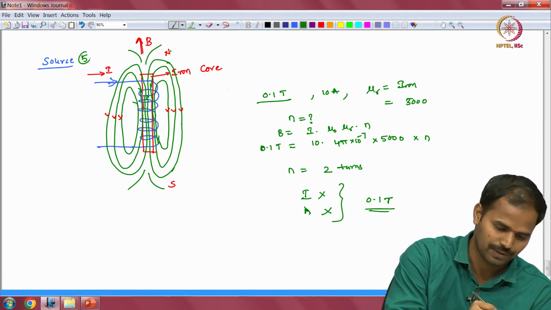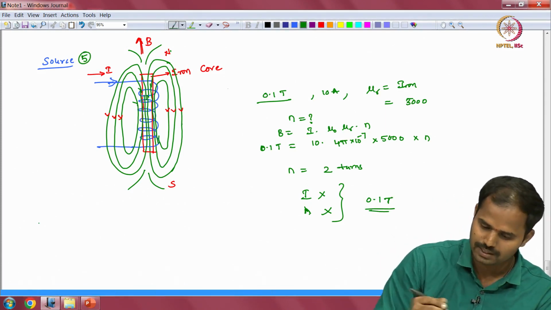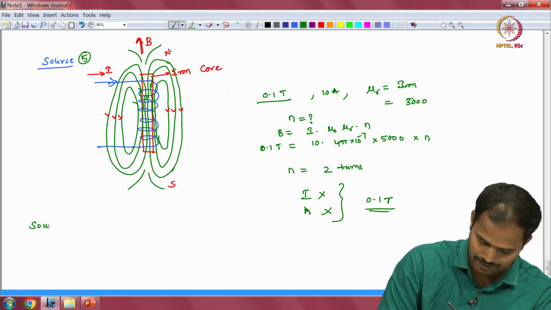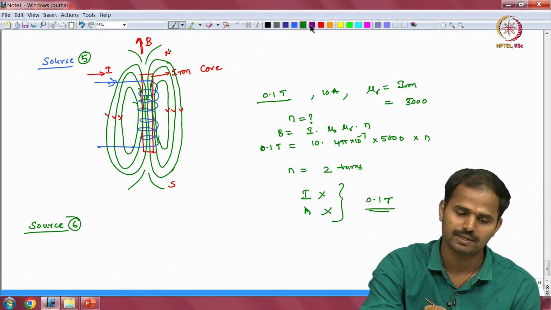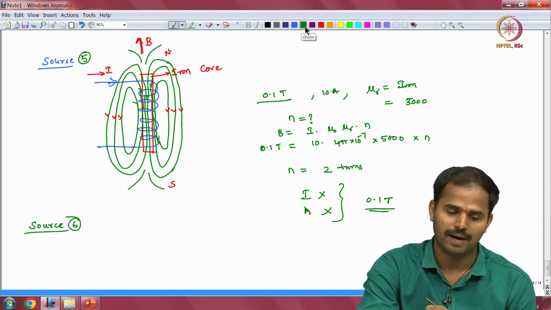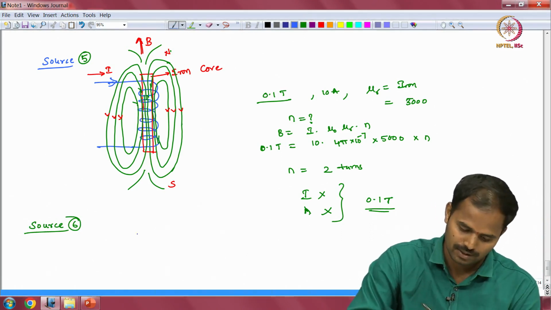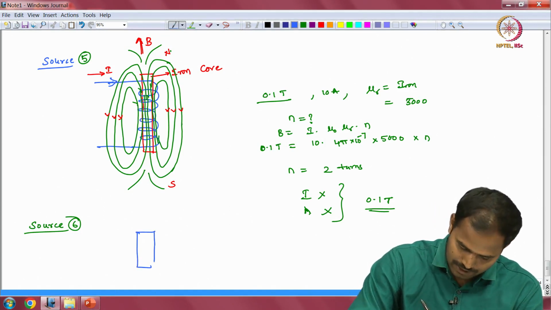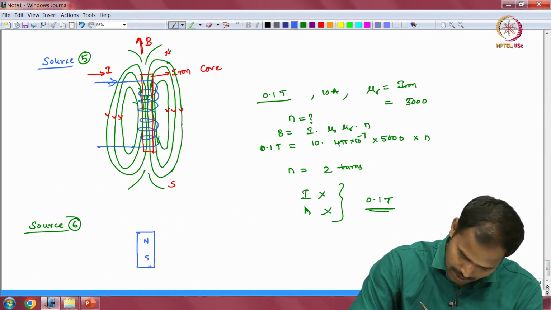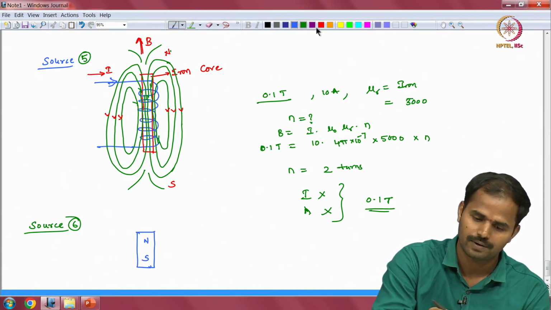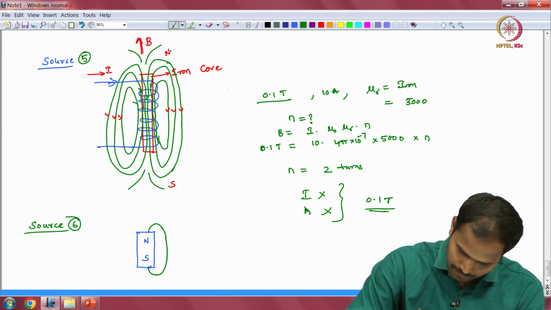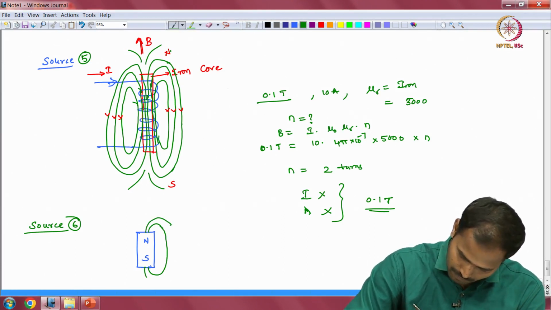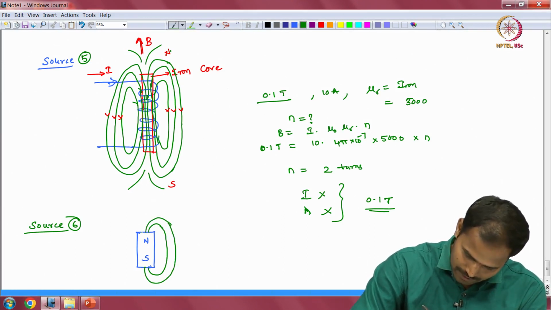This is source 5, and source 6 is permanent magnet. Permanent magnets are also a source of magnetic fields. If I consider a magnet in this manner, this side north and this side south, the magnetic field lines will flow in this manner, same as the electromagnet.